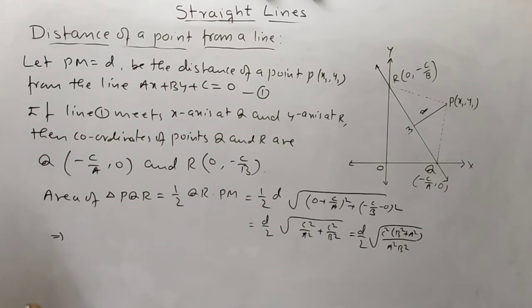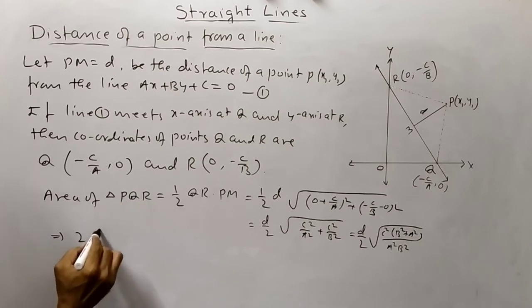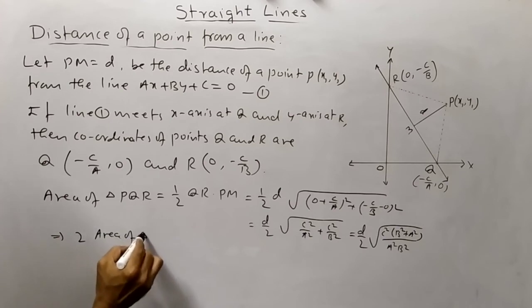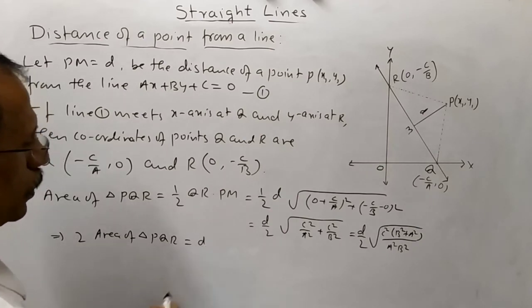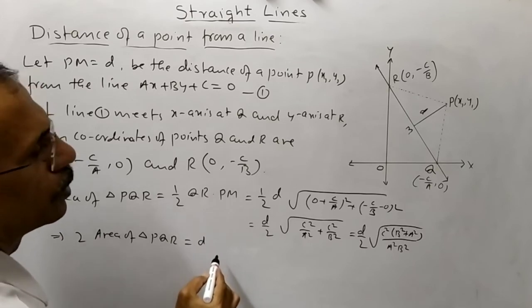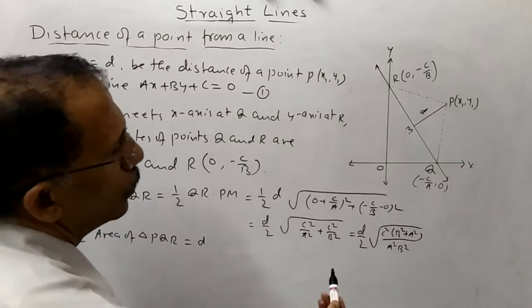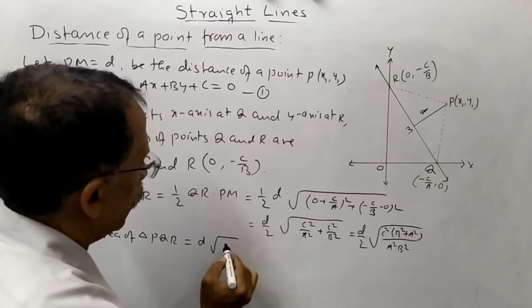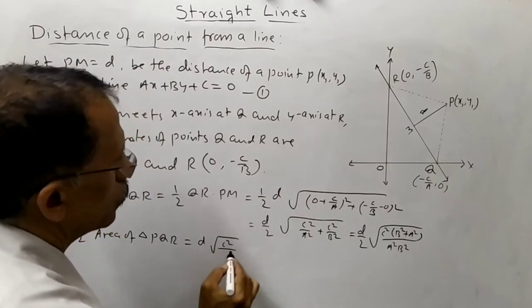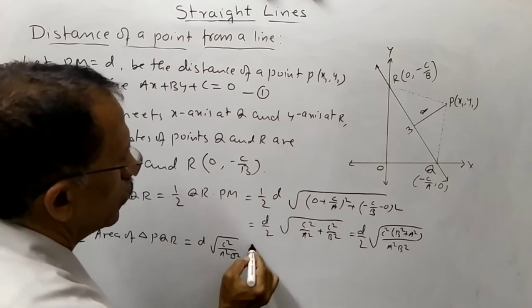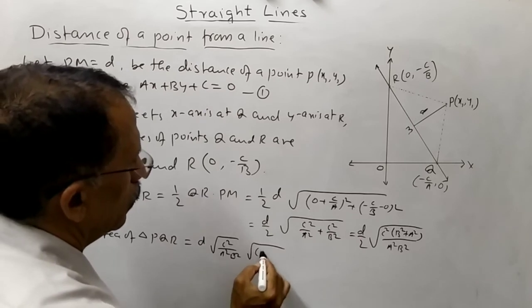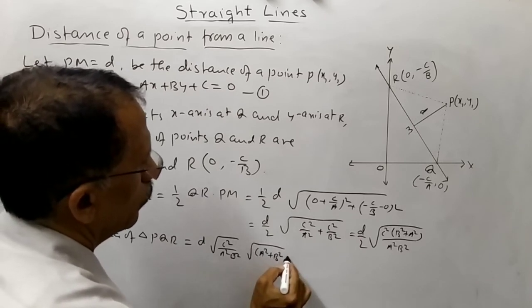This implies, by cross multiplication, 2 into area of triangle PQR is equal to D into square root of C square by A square B square into square root of A square plus B square.